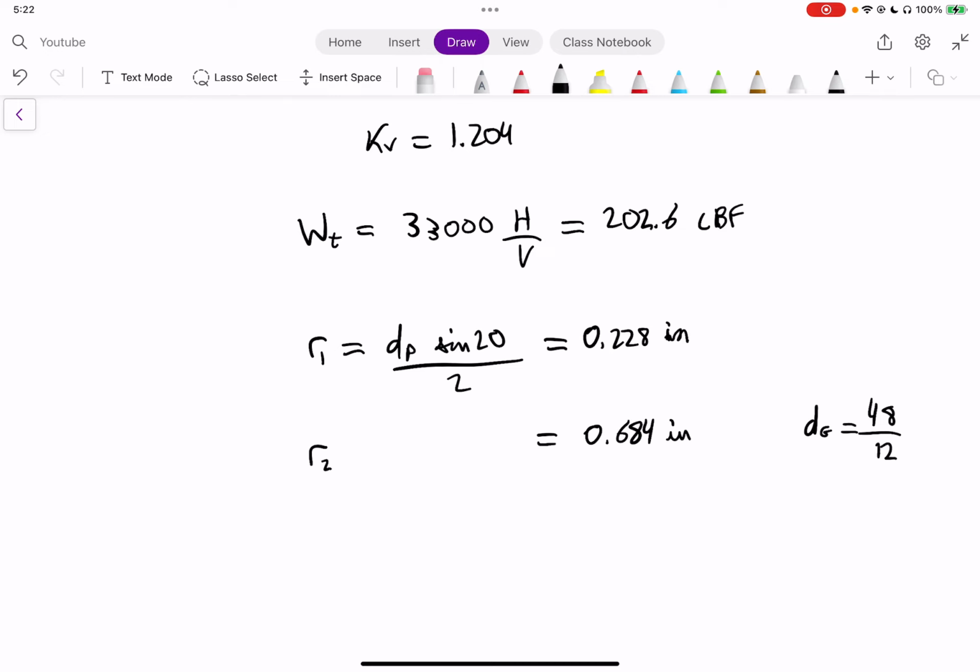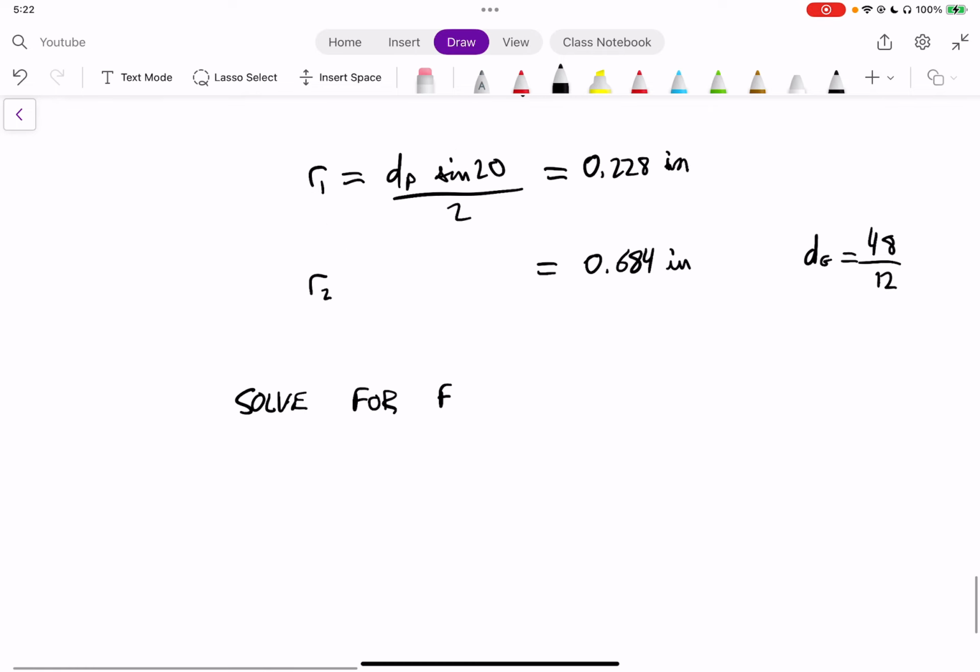And then we can solve for F, and we can say, by plugging in all of the values that we have, that F is equal to 0.669 inches. And based on that, obviously one face width that we could use is 0.669.